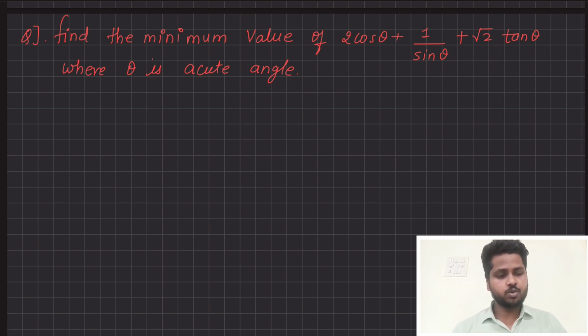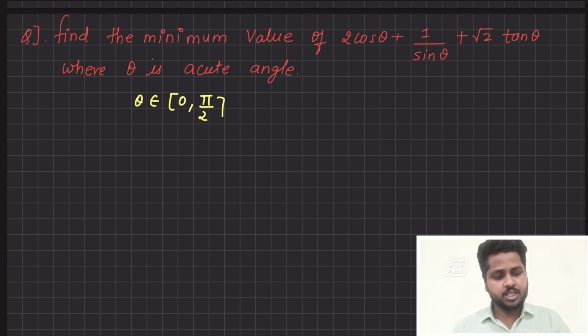So I hope everyone knows that if theta is an acute angle, then all the trigonometric ratios are positive. Theta is acute means theta is between 0 to 90, and if theta is between 0 to 90, it means theta lies in the first quadrant, right? So theta belongs to 0 to pi by 2.